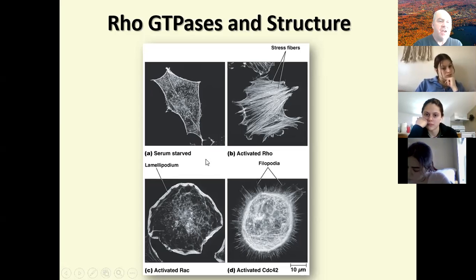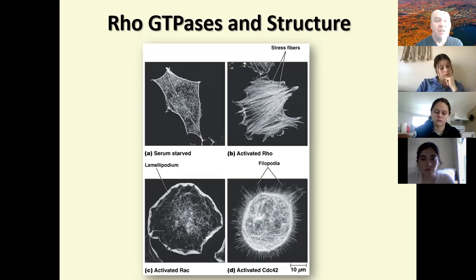Okay, now you're going to take a Rho protein and add it to a cell. And it's a Rho protein that's constitutively active. It's always going to be active. So we add that to these cells and we get this, stress fibers. The whole cell turns into stress fibers. With the same cell, then we'll throw in an activated RAC and we'll get lamellipodia all over the whole cell.